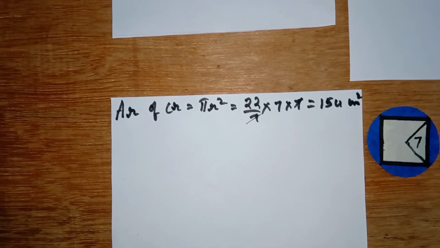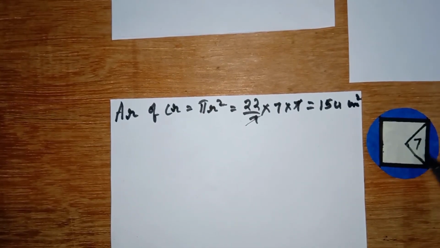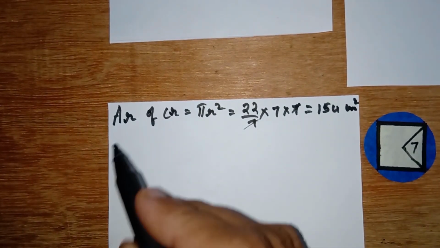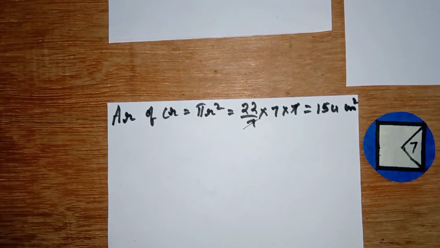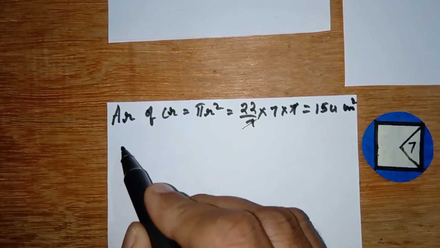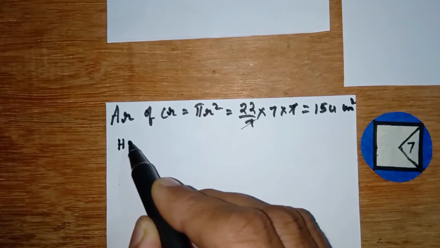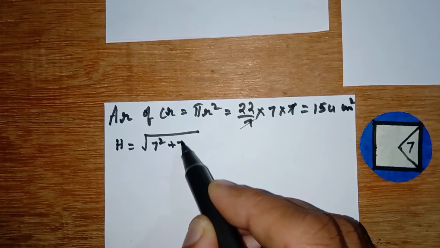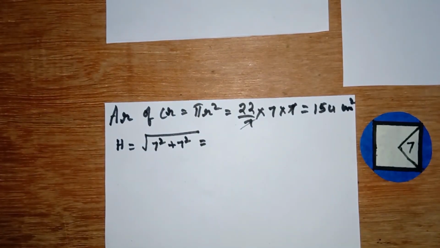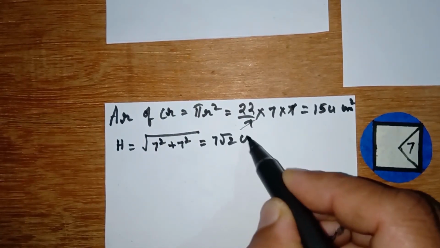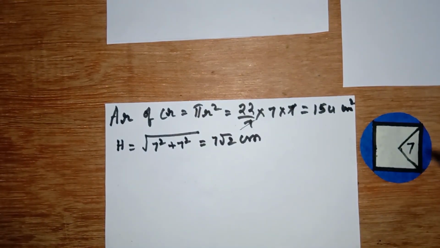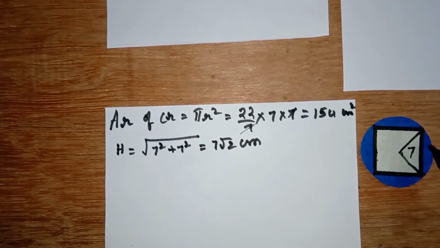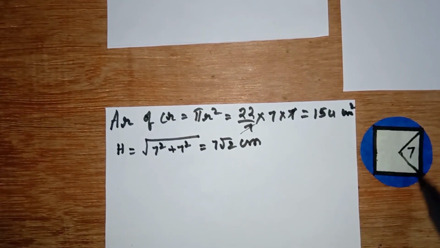So, using Pythagoras theorem for this right angle triangle, hypotenuse square equals the sum of squares of the other two sides. So, hypotenuse square equals 7 square plus 7 square. It is 7 root 2 centimeters. So, this is the hypotenuse, this length is 7 root 2 centimeters. This is nothing but the side of the square.